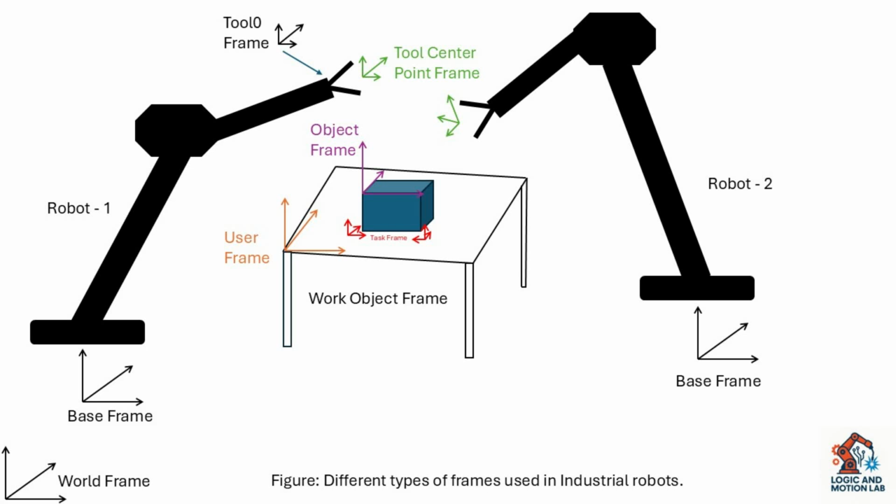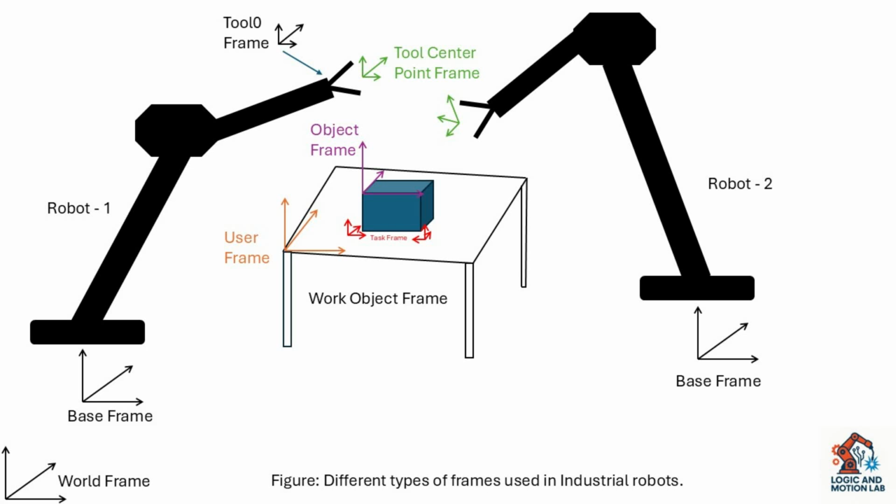But actually there is a difference. The user frame tells you where the object is that you're going to work with, and the task frame is saying how you're going to respond there.